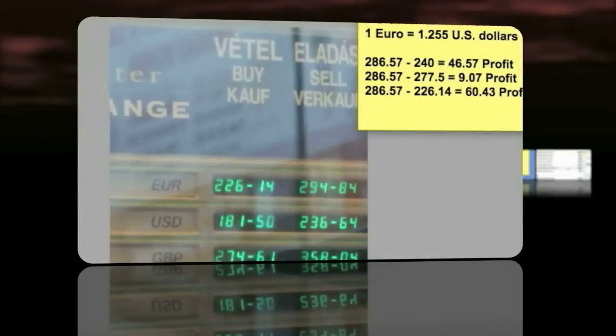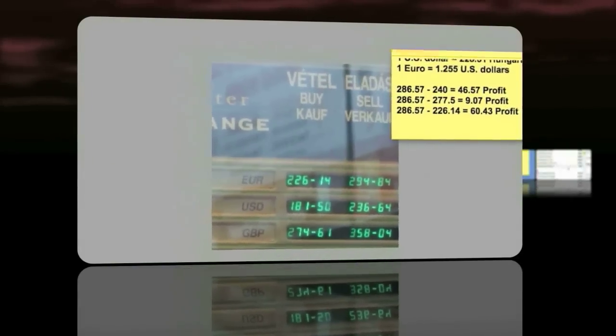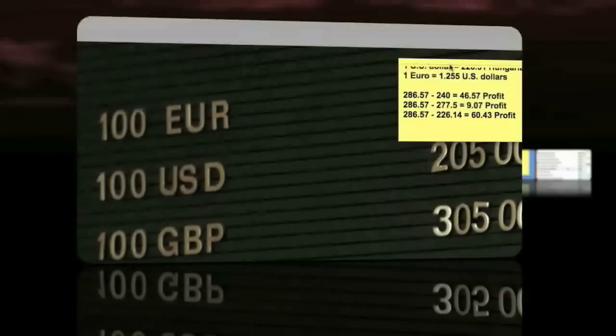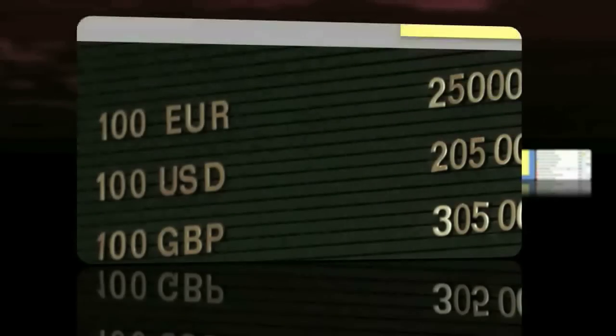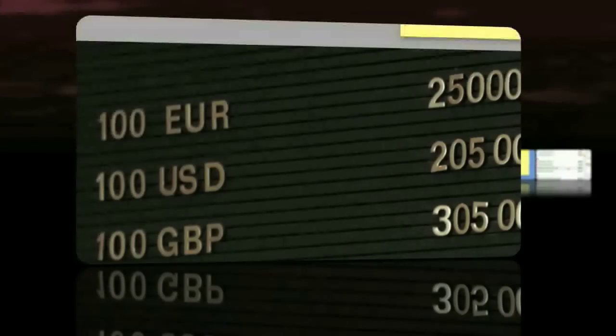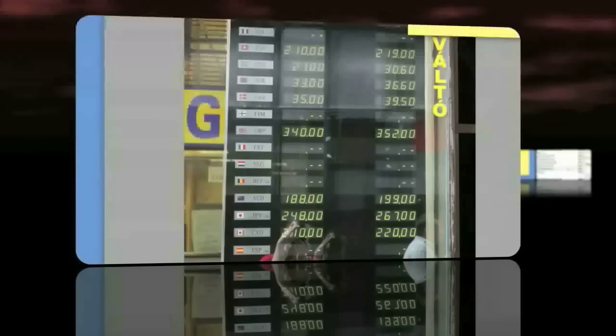The next place where many people change money is at a hotel, and here again they make 36.57 forints on each euro as a profit for themselves. Now let's look at some street exchanges.